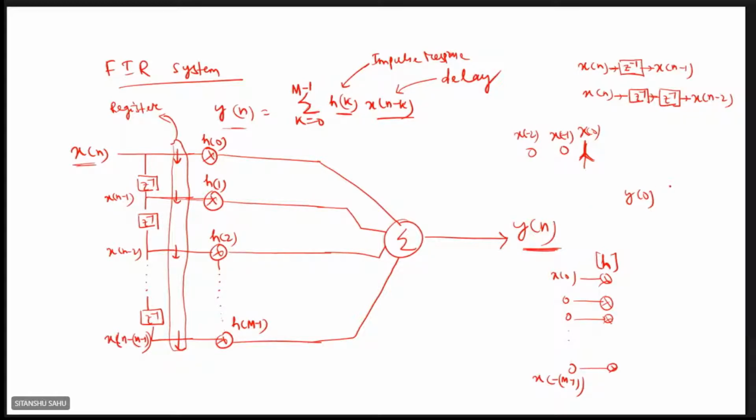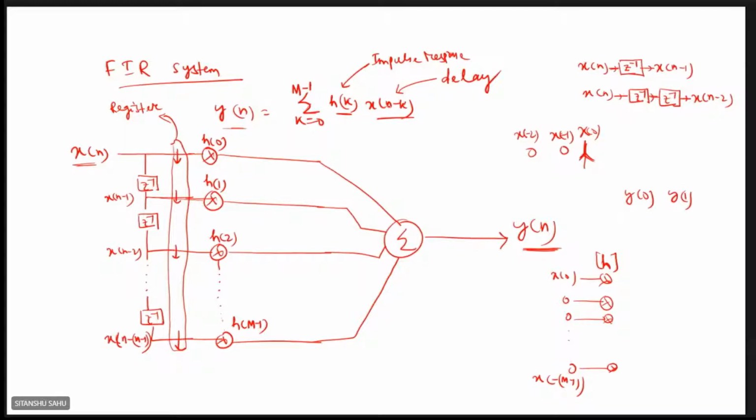Now when you need to find out y of 1, what will y of 1 be here? Sir, h of 0 into x of 0 plus h of 1 into x of 1. Yes.